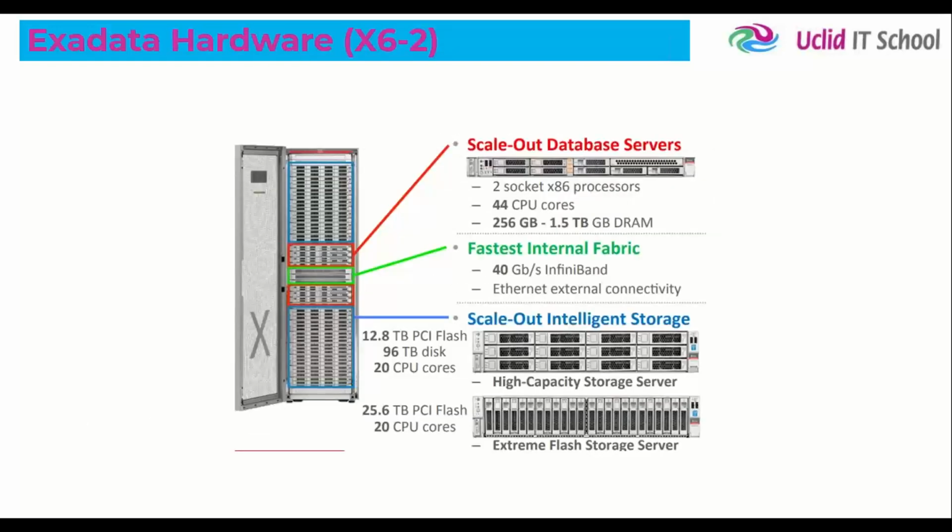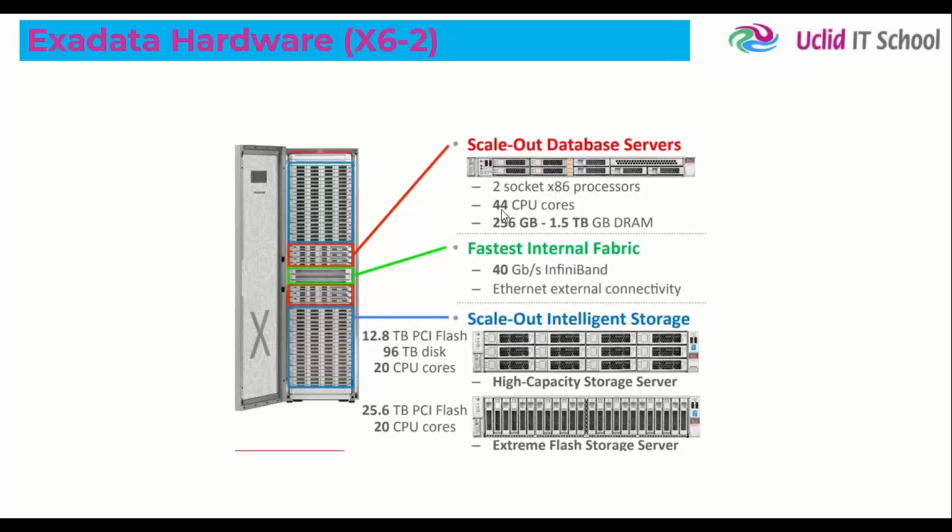Now, this slide shows you per server details in X6-2 hardware. So X6-2 means what? X6 version, 2 socket database server. That is the meaning of that. So in X6-2 hardware, each database server will come with 2 sockets. Those are Intel Xeon processors. Okay, the latest processor architecture, whatever is available, will be included.